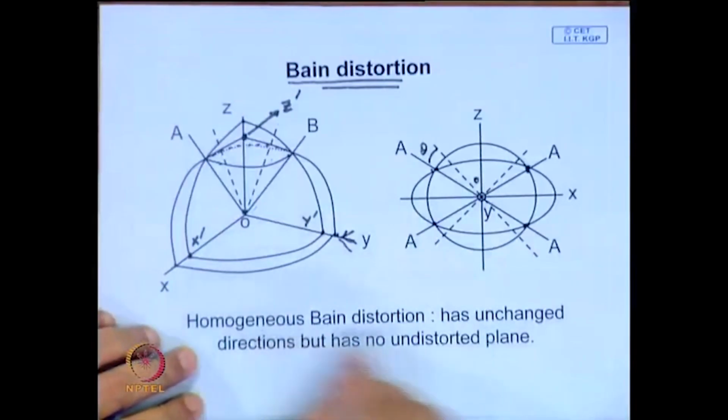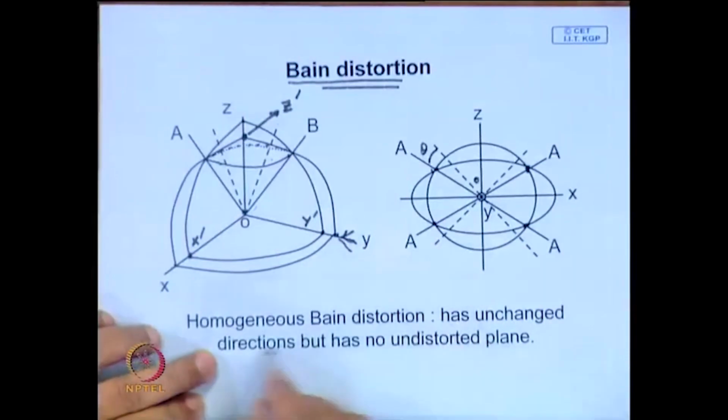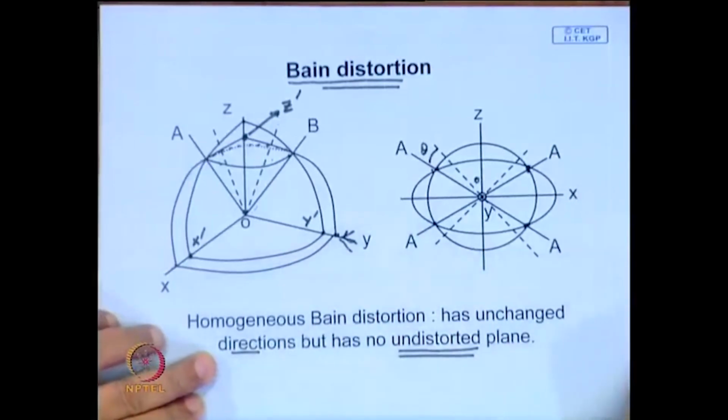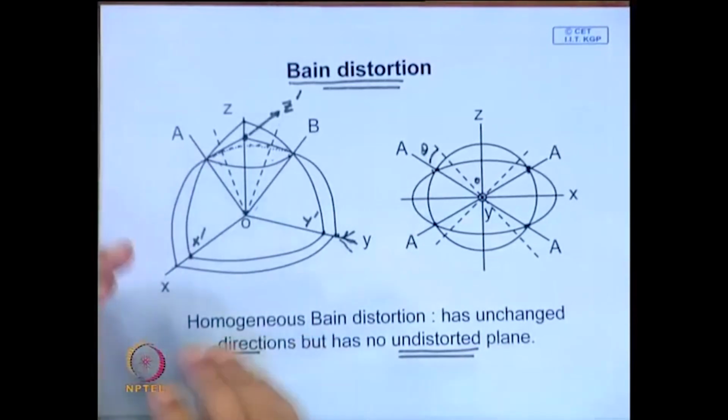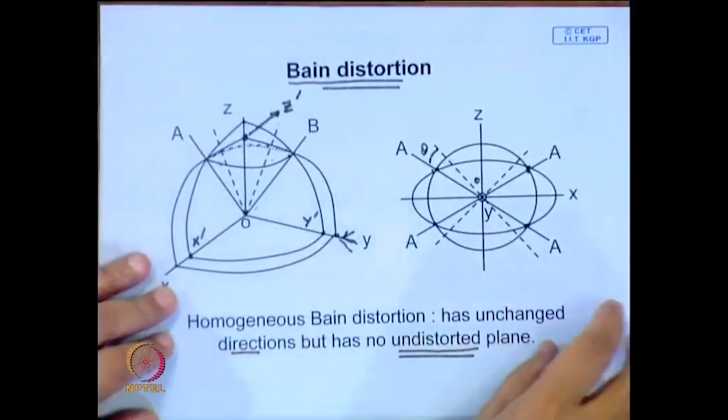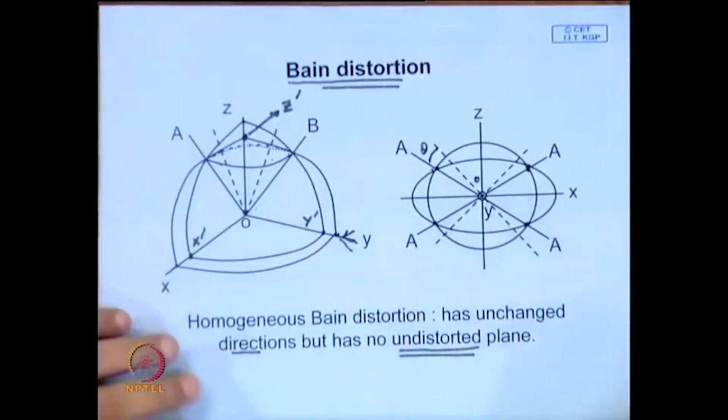So the homogeneous Bain distortion has unchanged directions but no undistorted plane, and therefore accommodating that kind of deformation will be extremely difficult. So the crystal will deform, and through that it can relax the stresses. This is possible through two processes.